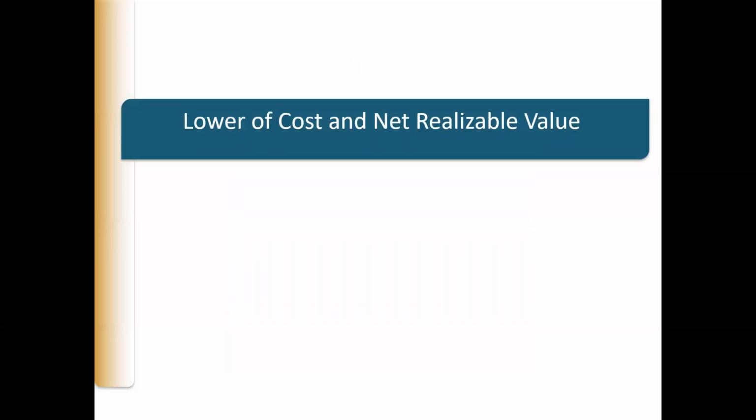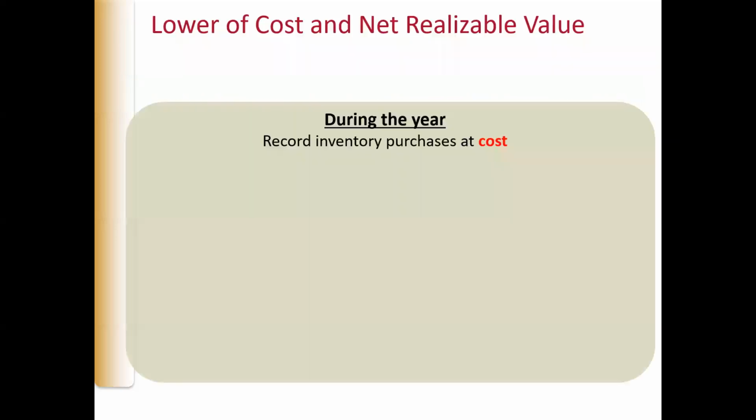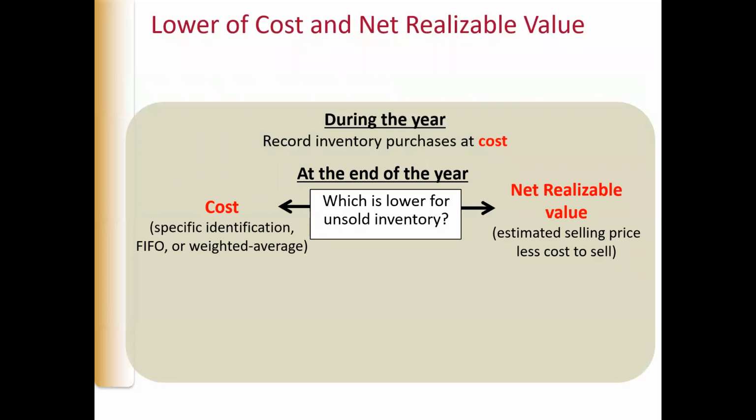Now there's something else we're going to talk about as it relates to inventory. We're aware of the term cost. That's what we usually show the inventory at. But there's a new term now we're going to use called net realizable value. Basically, cost is what we purchased the items for. But net realizable value is the estimated selling price less any cost to sell the goods.